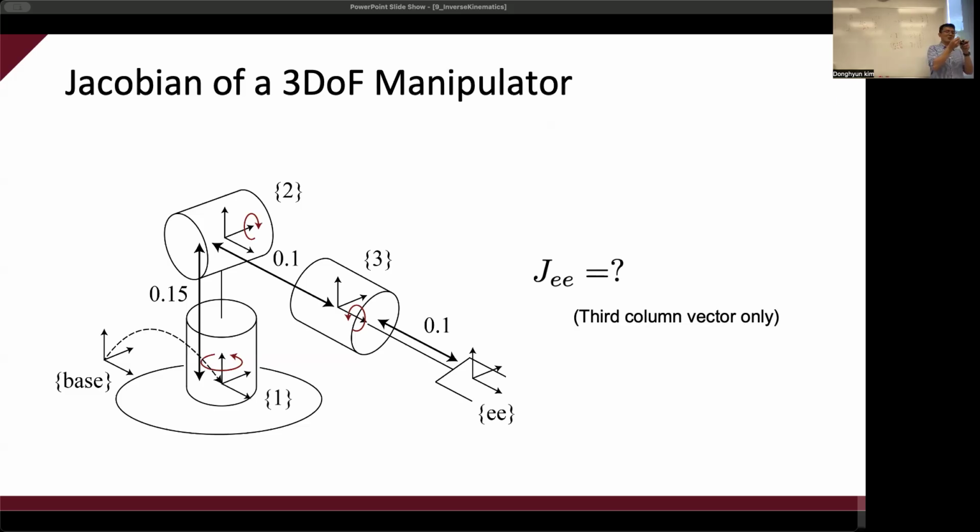But this simple x-axis rotation cannot make the end effector move forward, left, or up. So that's why all three numbers are 0. So we can do at least certain things intuitively by just imagining what's going to happen because of this rotation.